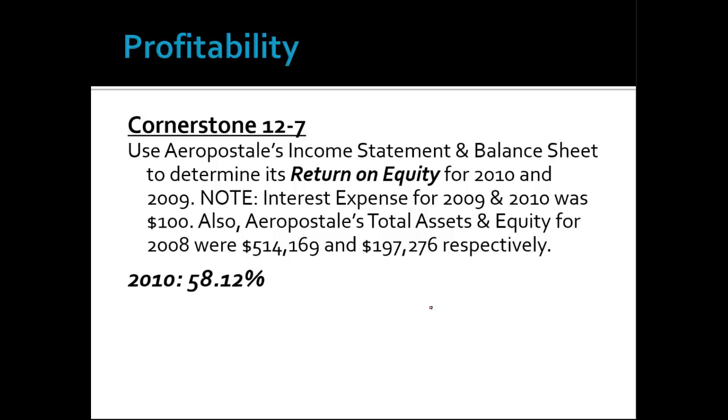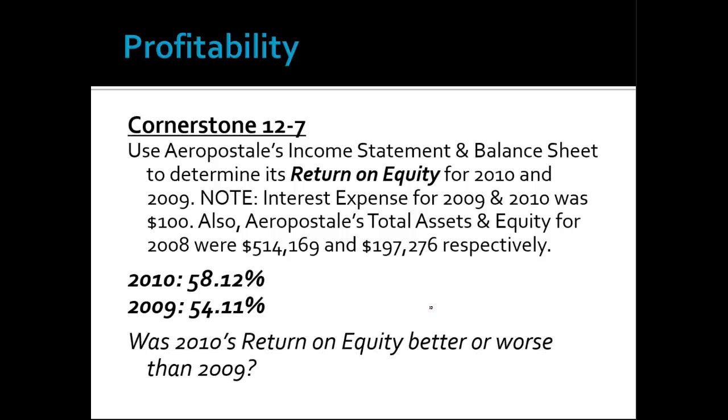That means for every $1 in total equity in this company, it generates approximately 58 cents in net income. For 2009, the ROE was 54.11%, which means it made 54 cents on every dollar of equity. So in 2010, was the company's ROE better or worse?